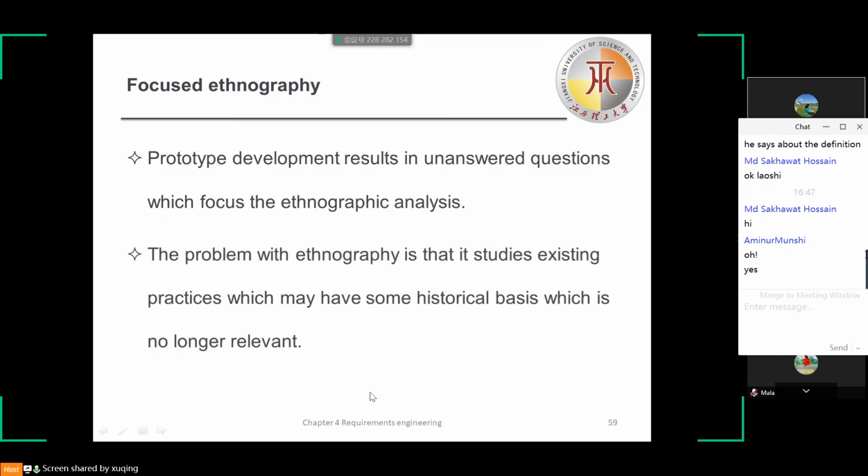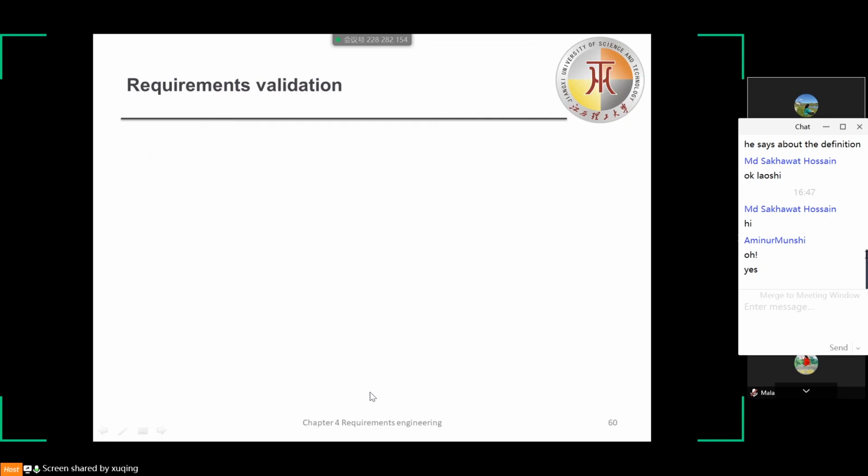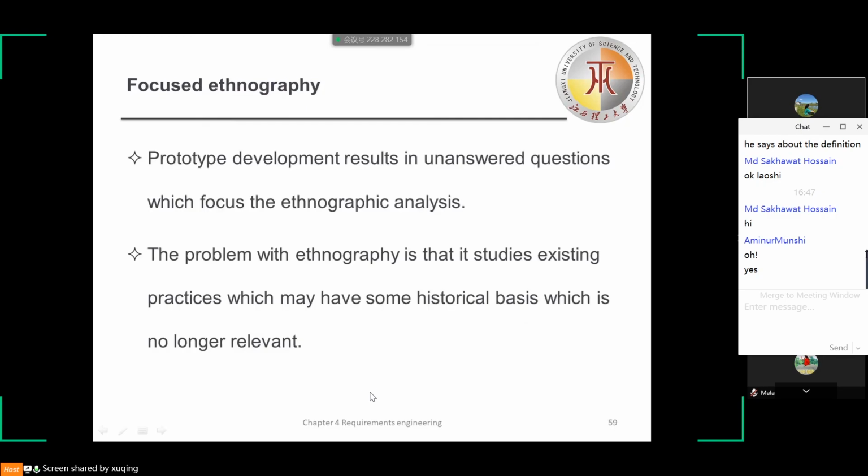And we have seen that ethnography studies existing practices, which may have some historical phases that are no longer relevant. Here is the ethnography.